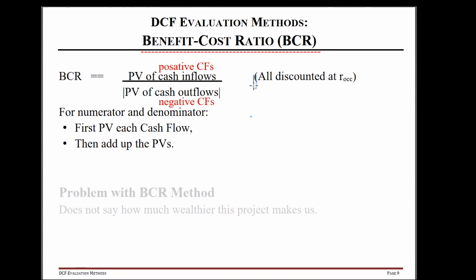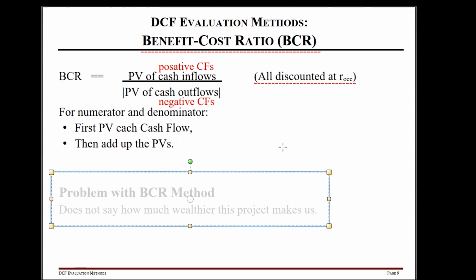And what are we discounting by? We're always discounting by, with these methods, our opportunity cost of capital that we got from our opportunity cost investment. So as always, first present value each cash flow, then add them up. Never, ever, ever add up your cash flows without present valuing them first when you're using DCF methods.